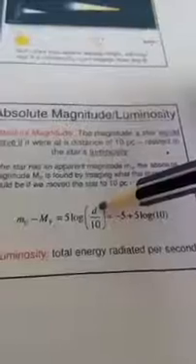Now, how can you tell that this works? Well, if there was a star that was actually 10 parsecs away, which is around 32 light years, then that divided by that is 1. Log of that is 0, which means that the apparent brightness has to equal the absolute brightness or magnitude. That's the only way that this would equal 0.